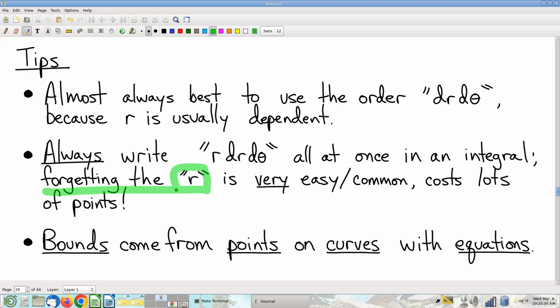The most important part of it, right? It's so easy to forget. So, nice little hack. Just always write r dr d theta all at once.